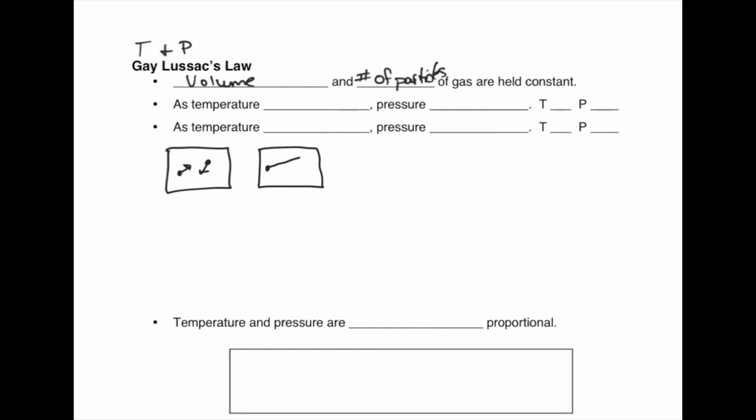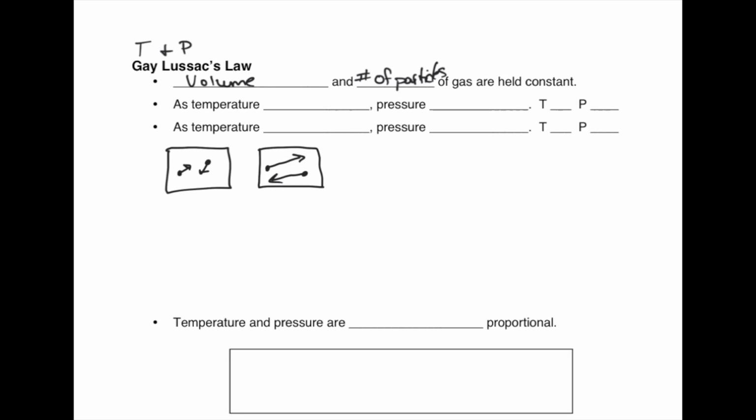Okay, and then let's increase the temperature. And remember, temperature is related to speed. Okay, so again, if we go off of our working definition of pressure as the rate at which particles collide with the walls of their container, you should see that the pressure with the faster-moving, hotter particles is going to be greater.